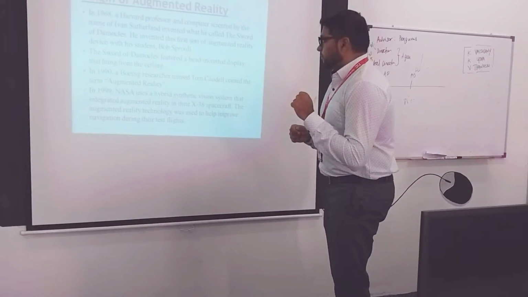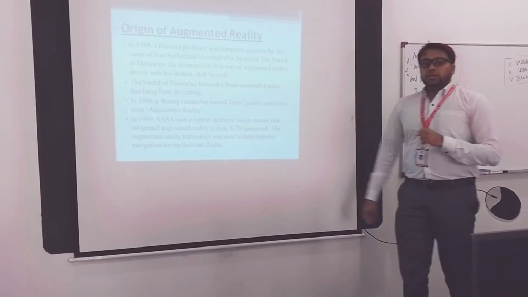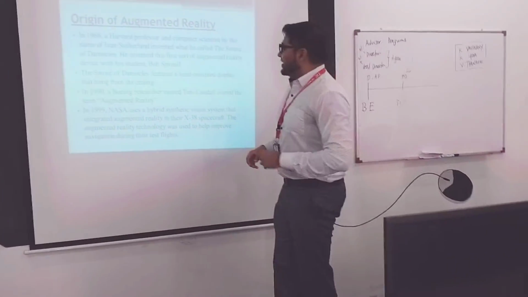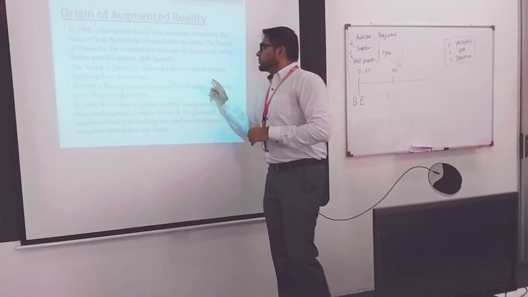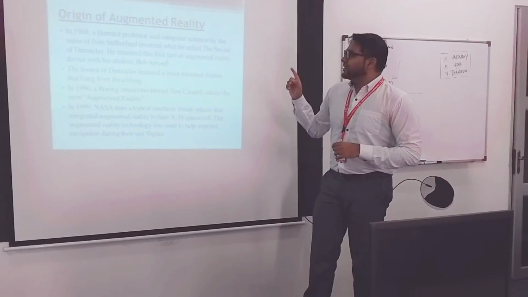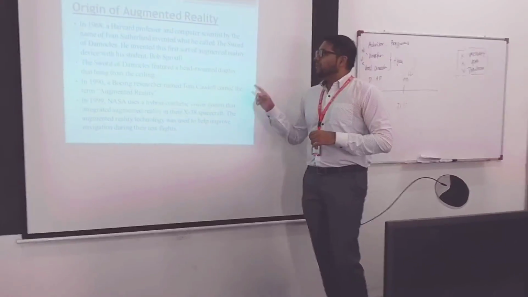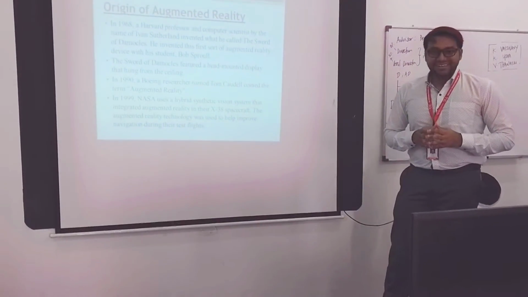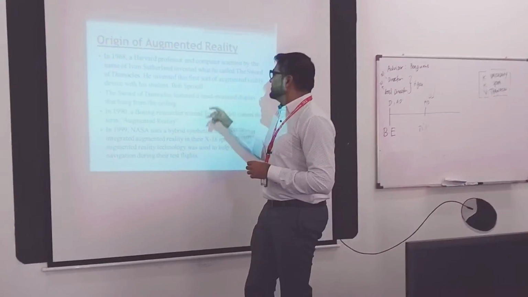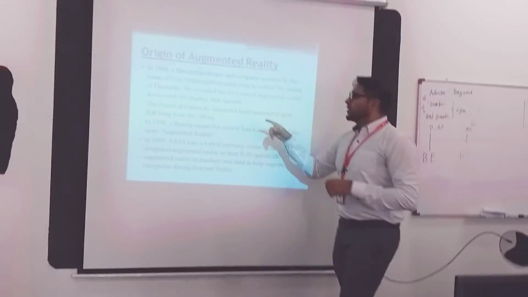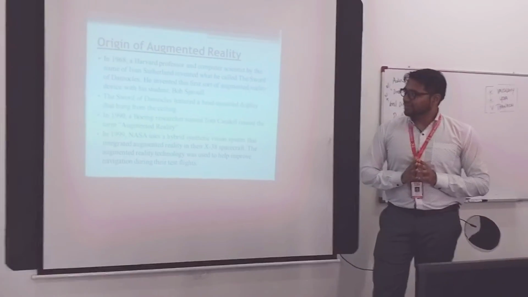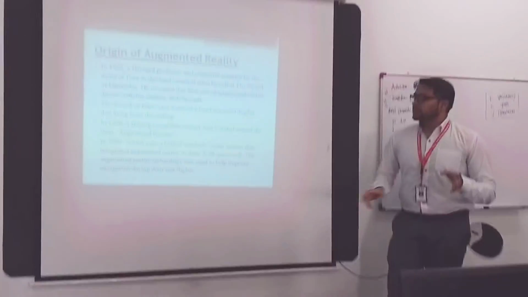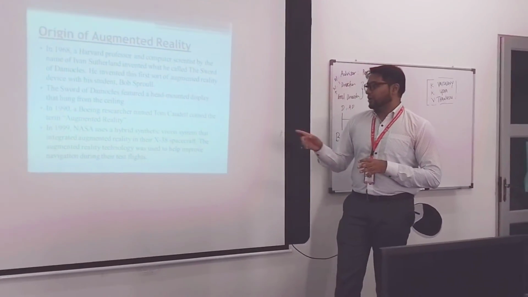Next slide. Now we are going to talk about the origin of augmented reality. In 1968, a Harvard professor and computer scientist by the name of Ivan Sutherland invented what he called the Sword of Damocles. He invented this first sort of augmented reality device with his student Bob Sproull.